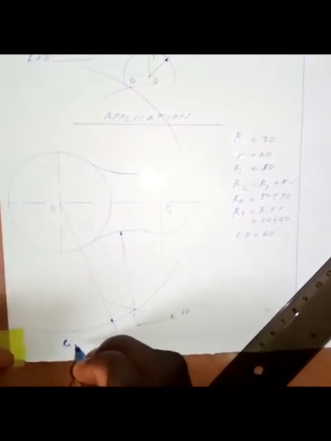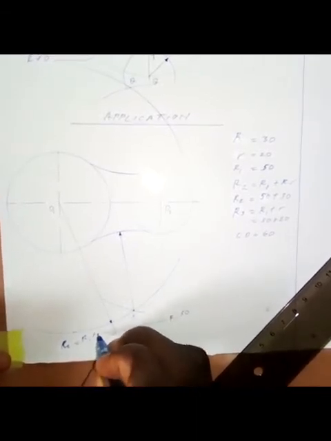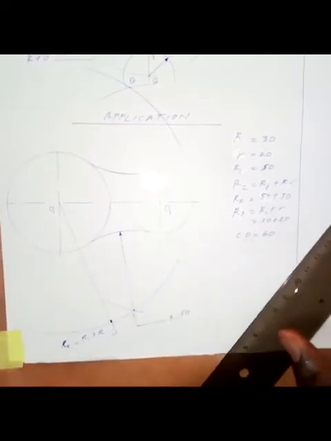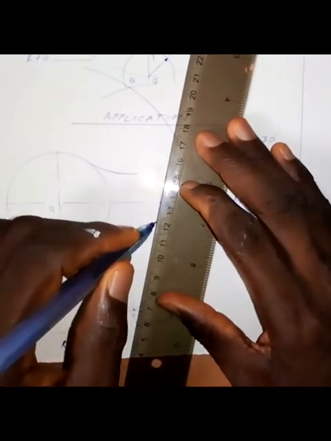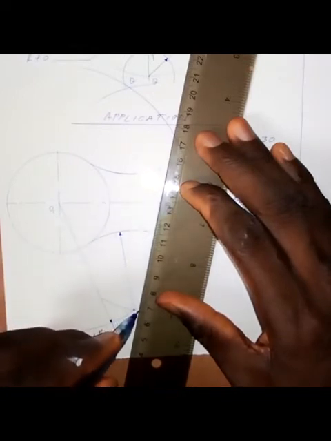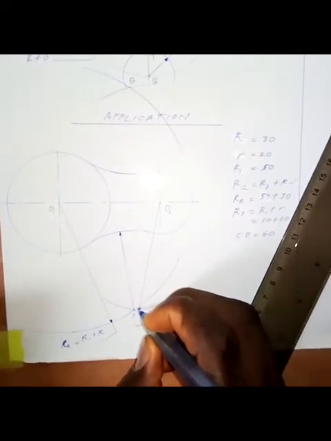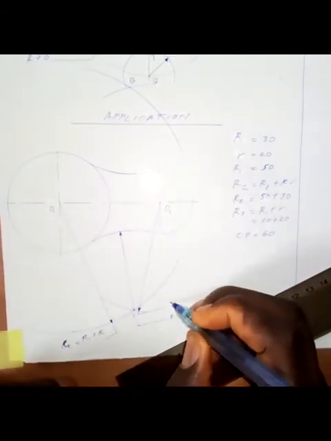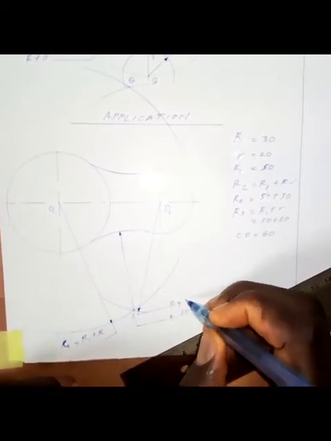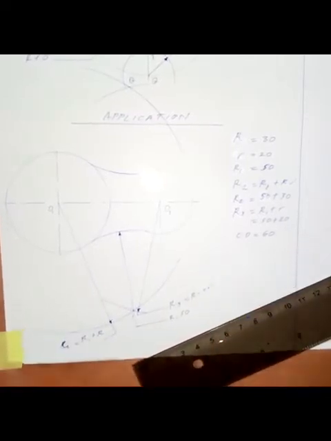R2 is equal to R1 plus R. And then the radius from here to here for this small arc, this is R3, and my R3 is equal to R1 plus small letter r. So that's what we have there.